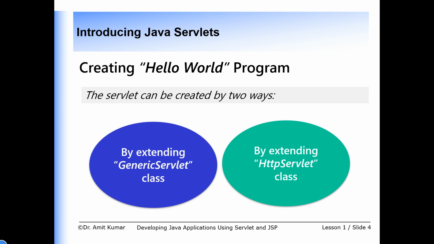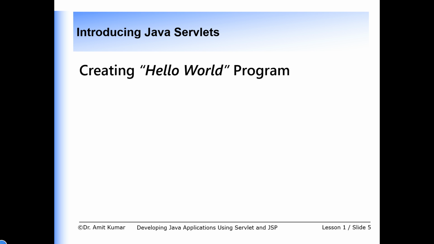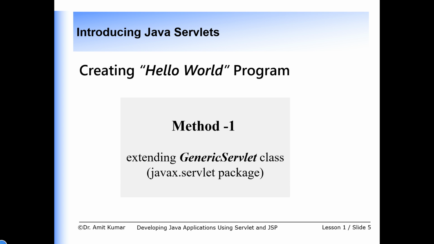These are the two techniques to create a servlet program in Eclipse IDE. Let us start with the first technique, how to create the program by extending the GenericServlet class. So this is method 1, extending GenericServlet class.